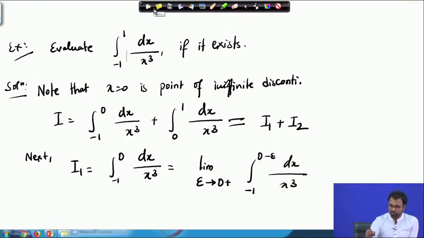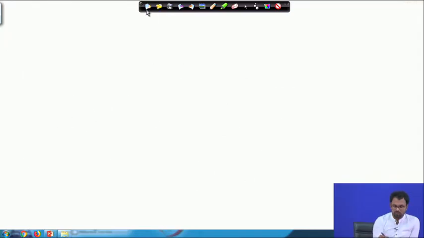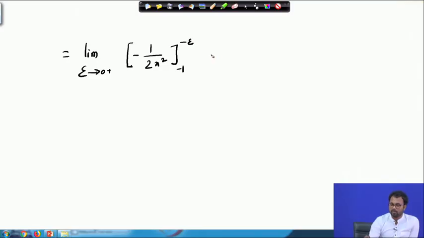So then the value of the integral would be minus 1 by 2x square, from minus 1 to minus epsilon, and if I substitute the limit, then this will be, as epsilon goes to 0 positive, minus 1 by 2 epsilon square plus half.